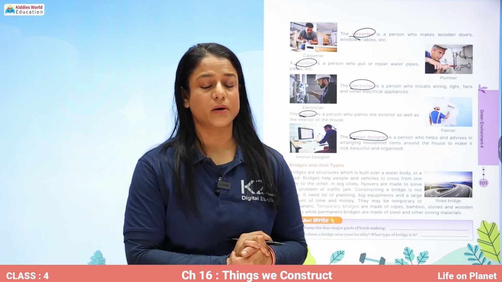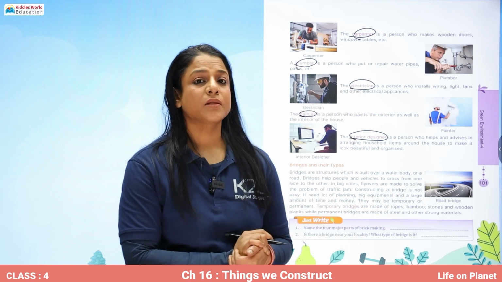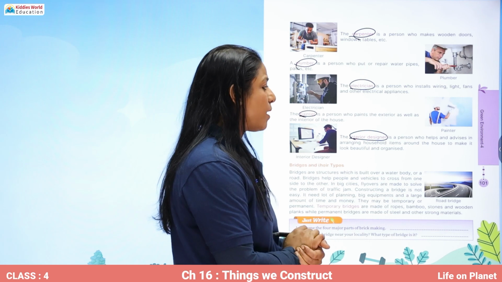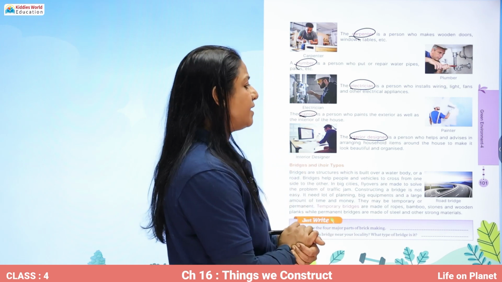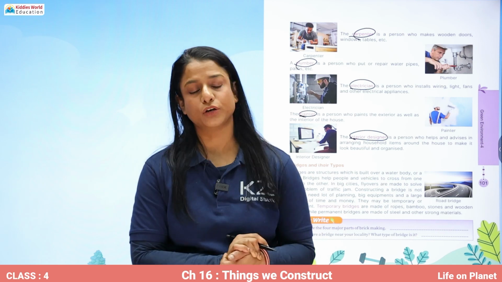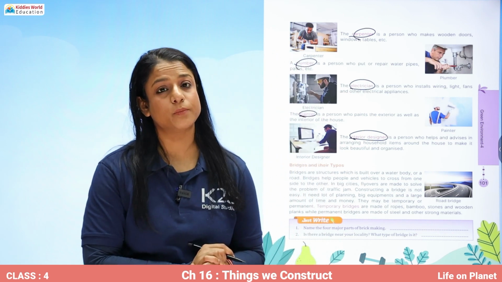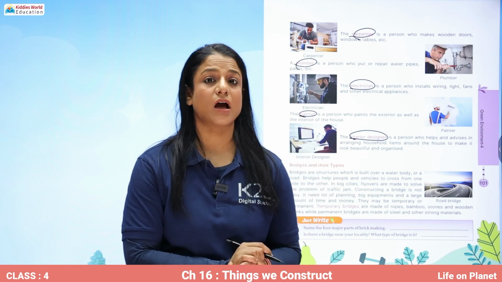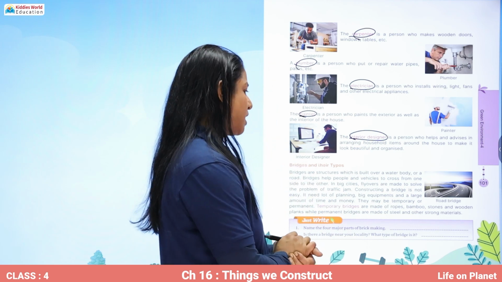An interior designer is a person who advises in arranging the household items around the house to make it look beautiful and organized, like where the sofa should be placed, which color the walls should be, which color the bed should be, and what the shape and color of the curtains should be. All these things an interior designer does.